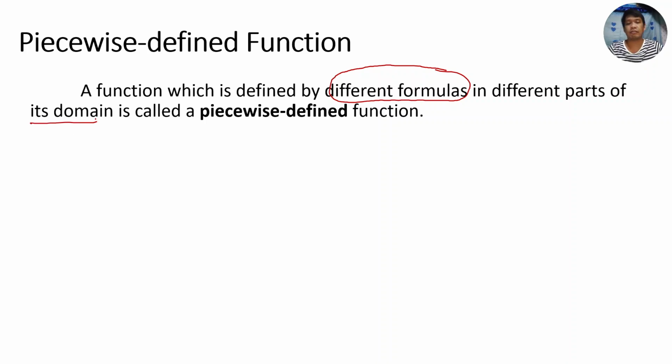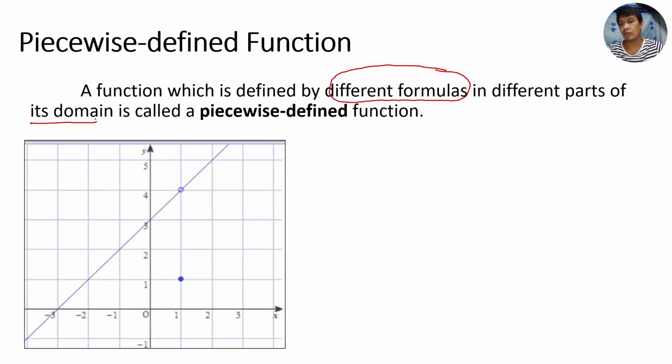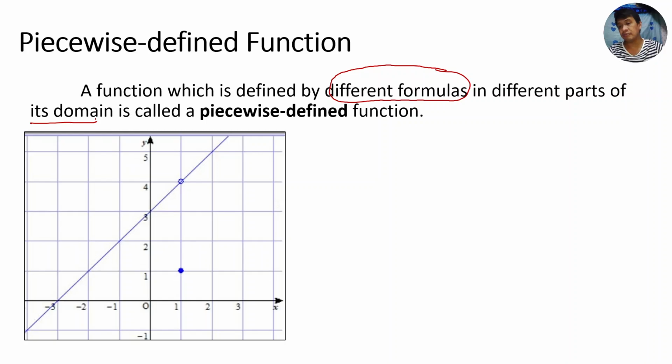certain set of domain. So, consider this function or graph of this line and a dot here. A point which is (1, 1). That is, when x is equal to 1, the value of y is equal to 1.